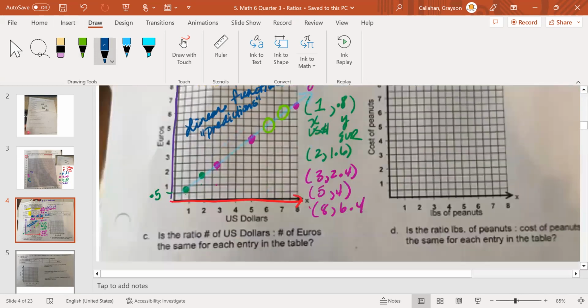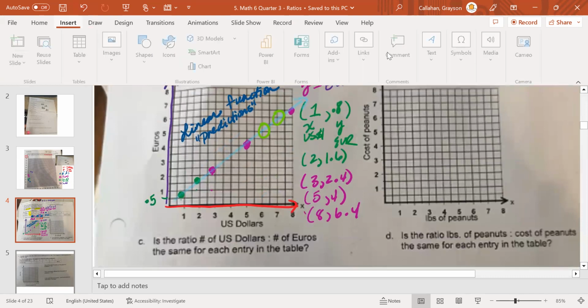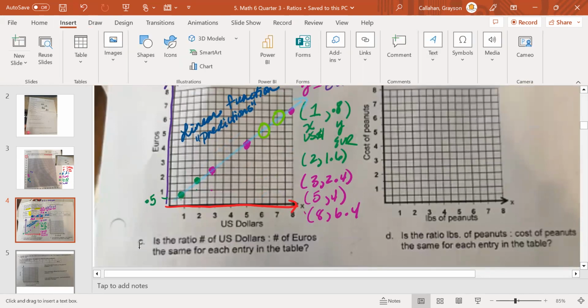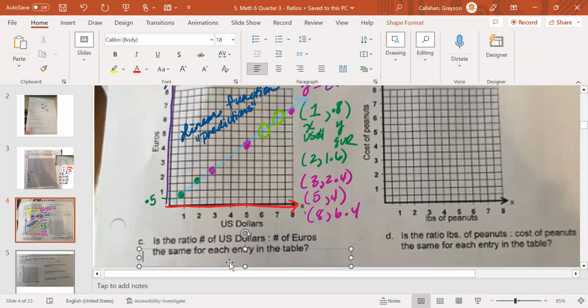So then how you should respond to this, is the ratio of US dollars the same for each entry in the table? You will say, yes, the ratio of US dollar to euro is 1 to 0.8. Does that make sense? Okay.